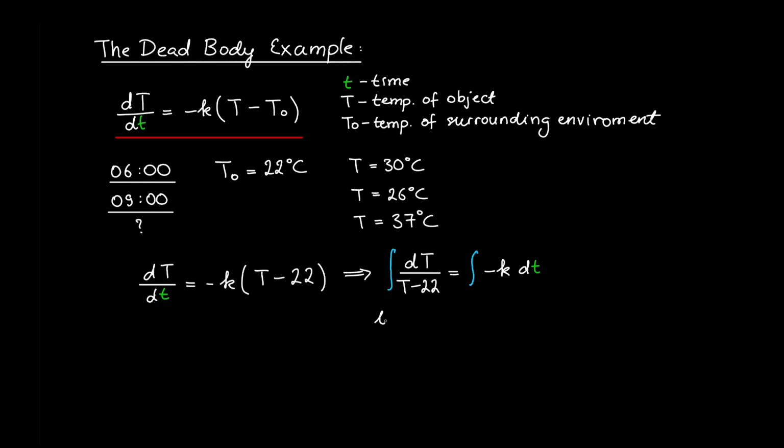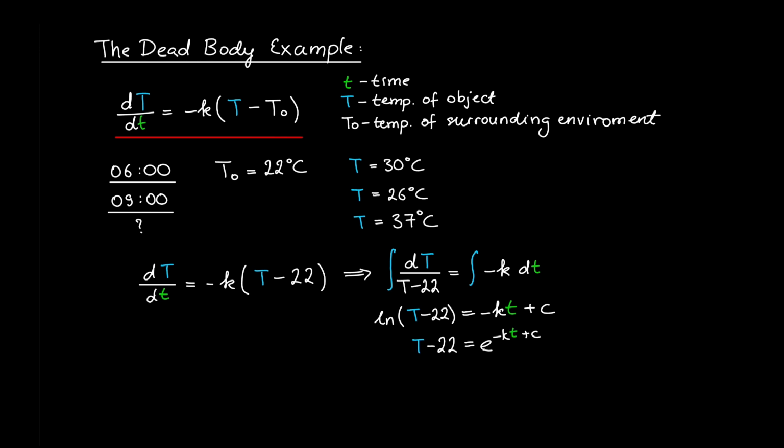The integral on the left-hand side would simply give us ln of T minus 22. And on the right-hand side, since k, or negative k, is just a number, the integral of it is going to be negative k times t, and of course, plus c. And finally now, we can get rid of the logarithm.